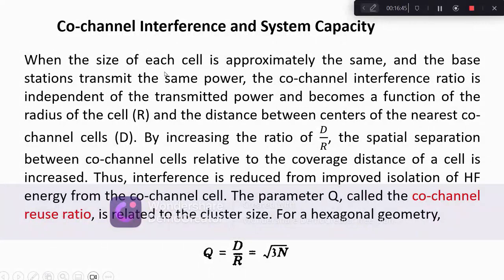So when the size of each cell is approximately the same and the base stations transmit the same power, the co-channel interference ratio is independent of the transmitted power and becomes a function of the radius of the cell and the distance between centers of the nearest co-channel cells. By increasing the ratio of D over R, the spatial separation between co-channel cells relative to the coverage distance of a cell is increased.